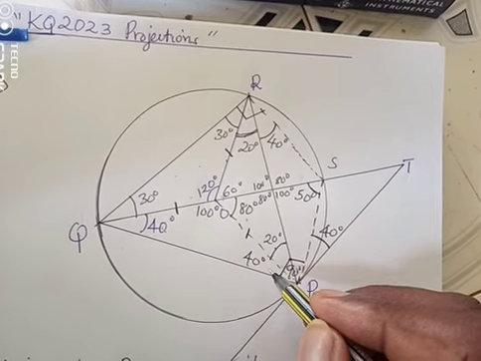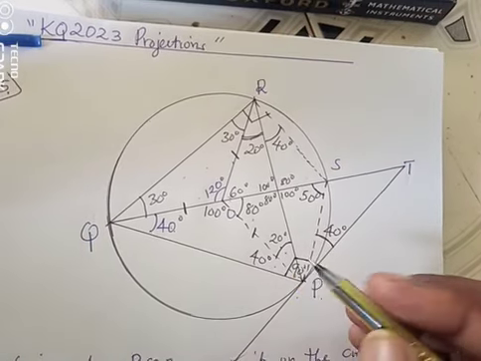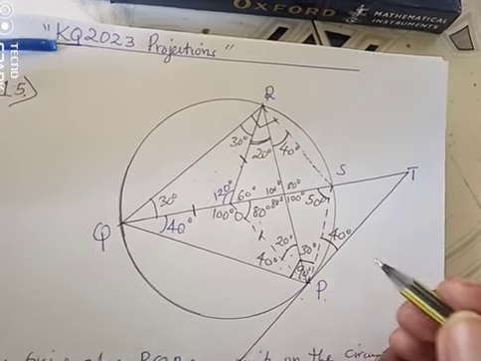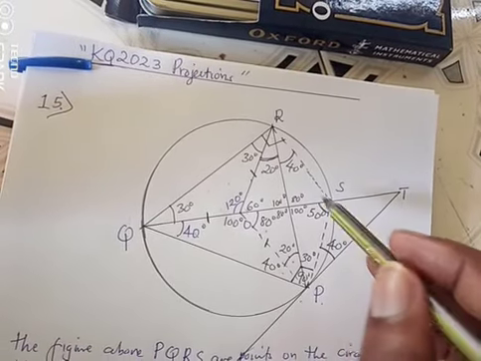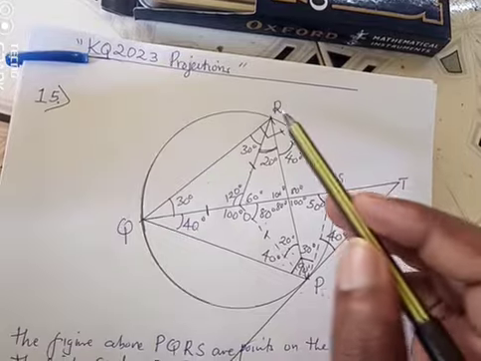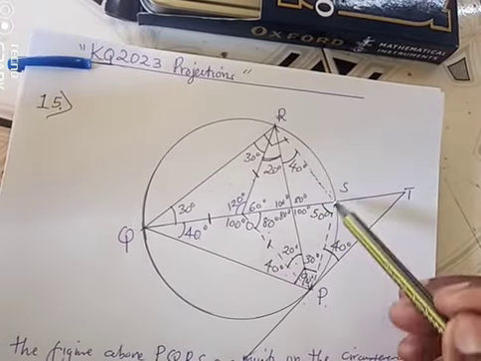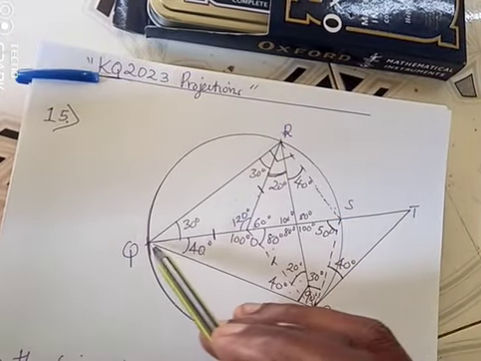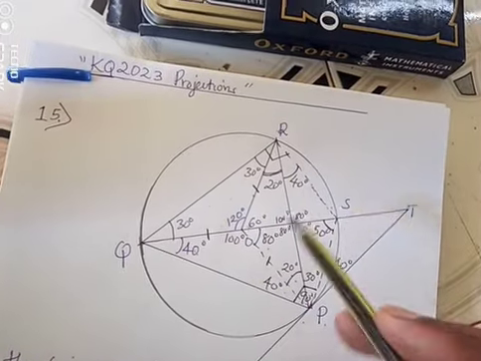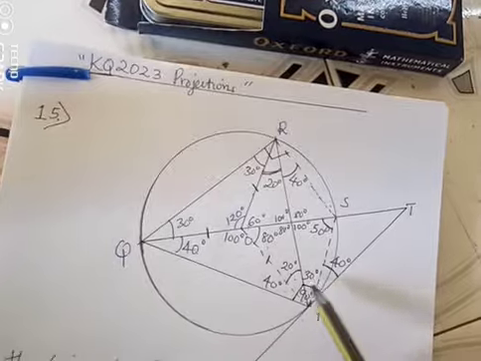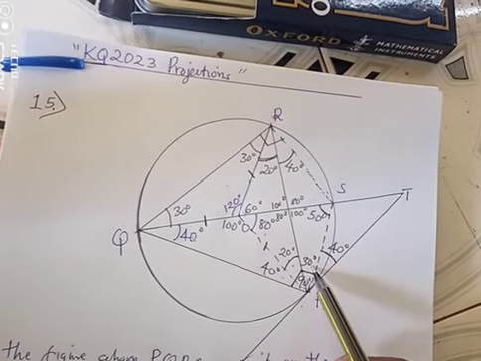And part of it has gone with 40 and 20, that is 60. Remainder 30 degrees. Or we can also get that looking at chord SR subtending an angle 30 here at Q. Chord SR subtending an angle, it also subtends an angle, we still will get 30 degrees over there.